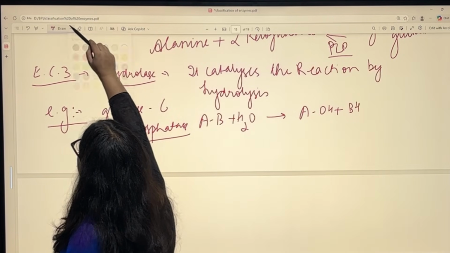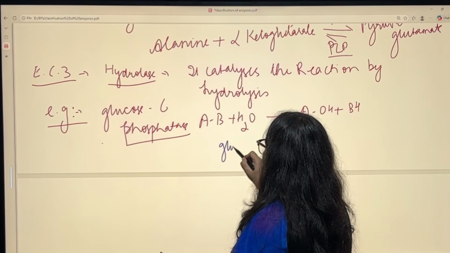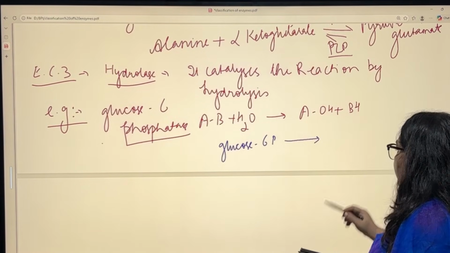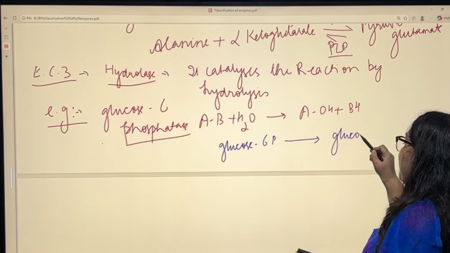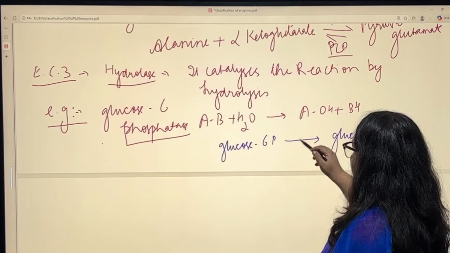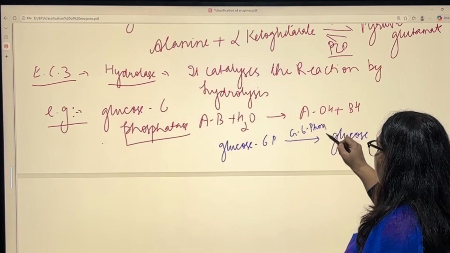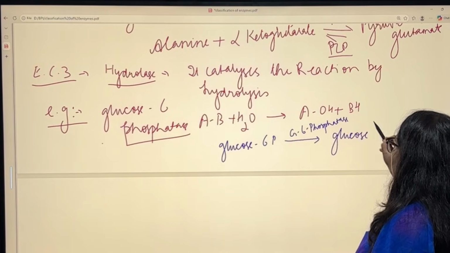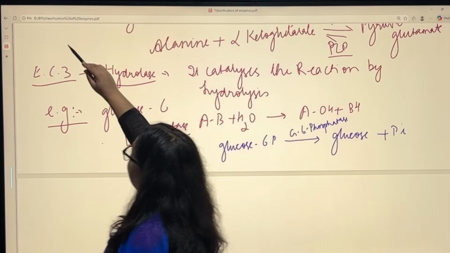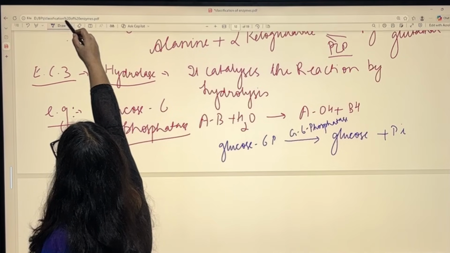It catalyzes the conversion of glucose 6 phosphate to glucose plus one inorganic phosphate in gluconeogenesis, if you remember. So this you have to remember, and after remembering this we will move directly to the next one.